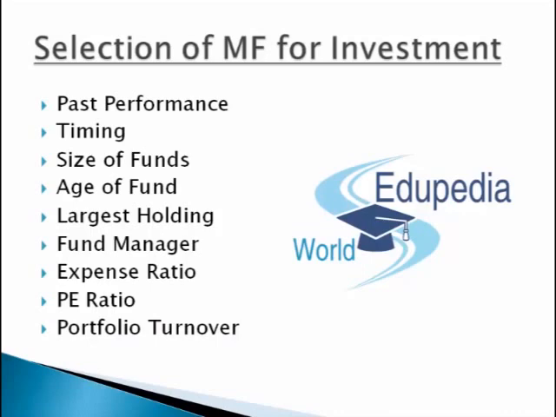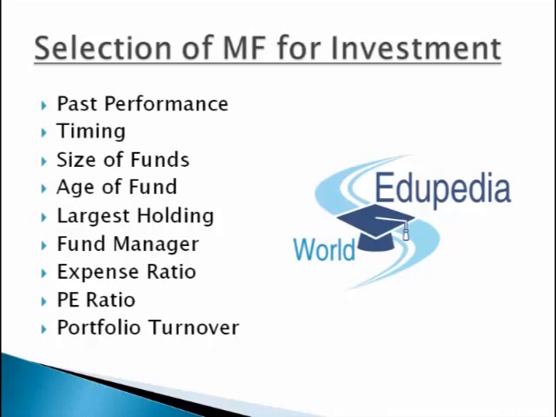Portfolio turnover basically indicates the frequency at which the fund manager buys or sells the stocks and needs to be studied. A higher number would indicate frequent trading and high costs, and a lower number would indicate an inactive fund manager and possible loss of attractive opportunities.